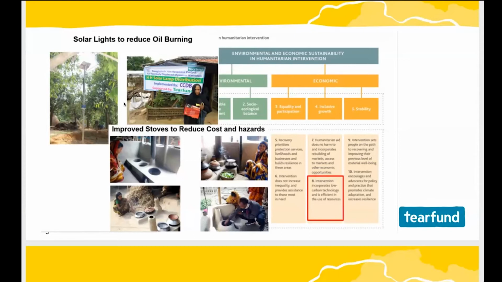That is very environmentally friendly, and it creates much less smoke, which covers our principle number 8, that interventions incorporate low carbon technology and are efficient in the use of resources. So that's how we are focusing on covering principle number 8. Next slide.